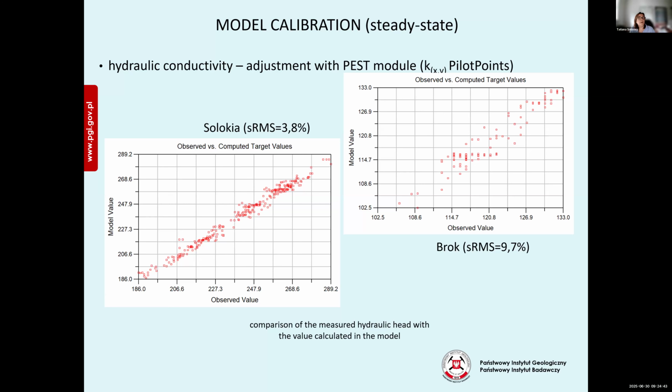It is worth noting the significant difference in elevation range between the two catchments, approximately 100 meters for Solokia and around 30 for Brock. There is also a notable difference in the absolute elevation of the two areas.